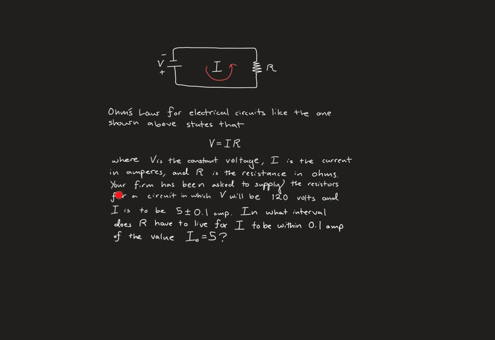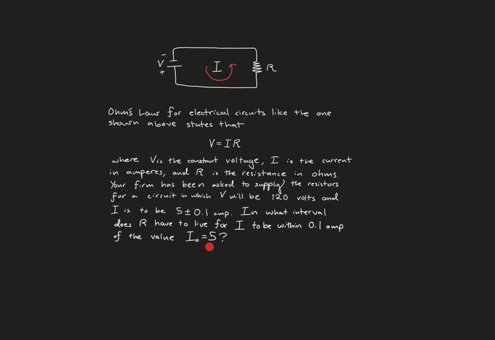Ohm's law. Okay, we're hired at some place. Our firm has been asked to supply the resistors for a circuit in which V will be 120 volts and I is to be between 5.1 amperes and 4.9 amperes, 5 plus or minus 0.1 amperes. In what interval does R have to live for I to be within 0.1 ampere of the value I initial equals 5?